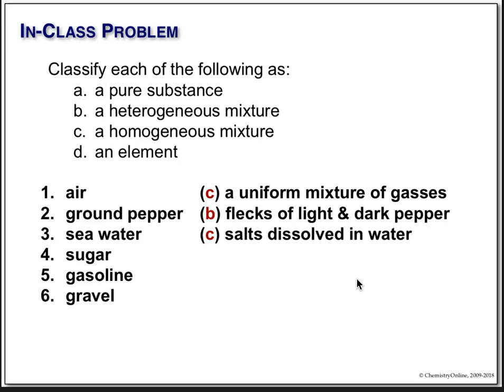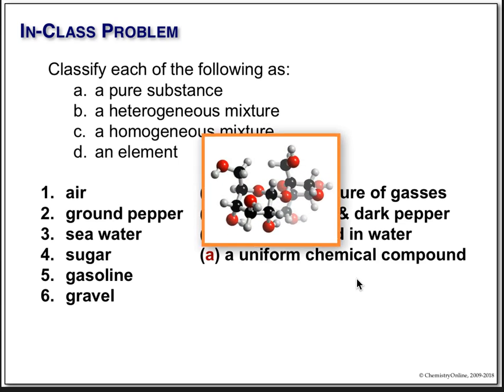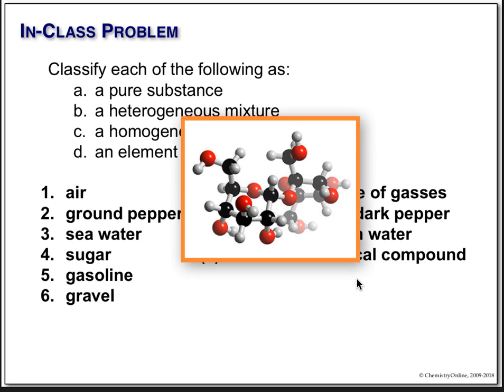Sugar contains carbon, oxygen, and hydrogen in a fixed ratio and a fixed geometry. It's a compound. It is a pure substance. This is sucrose. This is table sugar. The reds are oxygen, black is carbon, whites are hydrogen. Every molecule of sucrose looks like that.